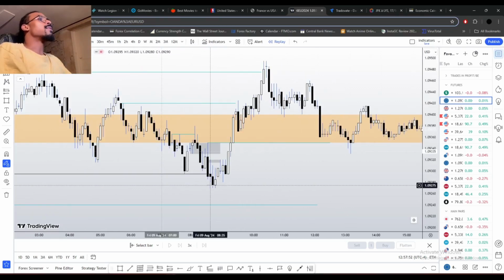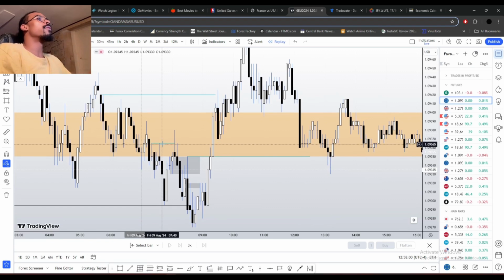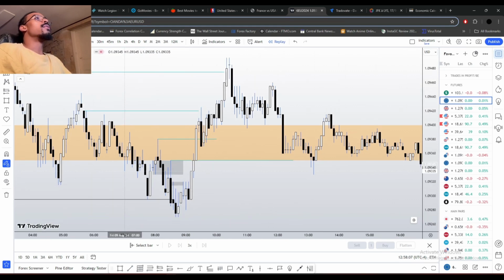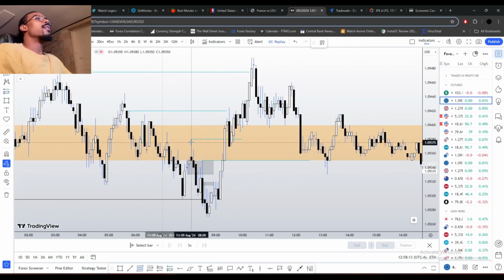As price created buy side imbalances, sell side inefficiencies, and this place above this right here, I switched my bias into targeting a London buy side. If you measure out this wick, you have the 50% of it.